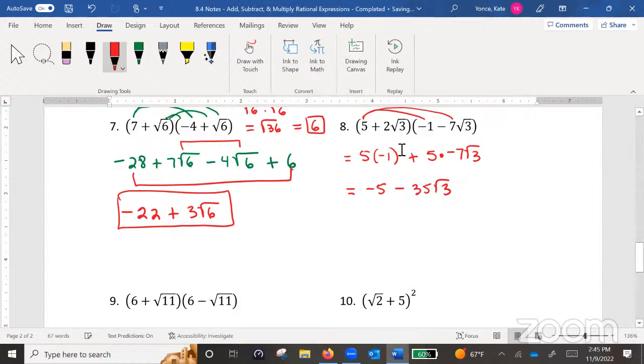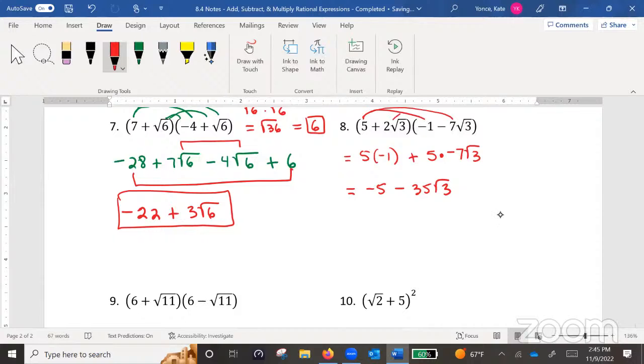This 5 can be multiplied by the 7 because they're both out of the radical, right? So 5 times -7 is -35 square root of 3. It's as if this was a -7x. We would do 5 times -7 and then add the x.